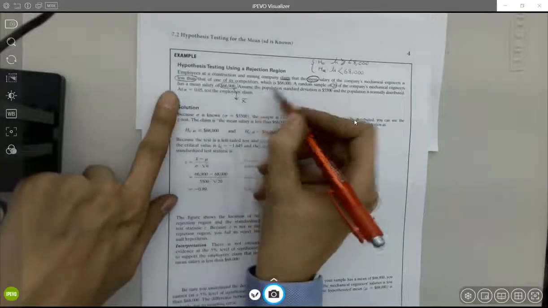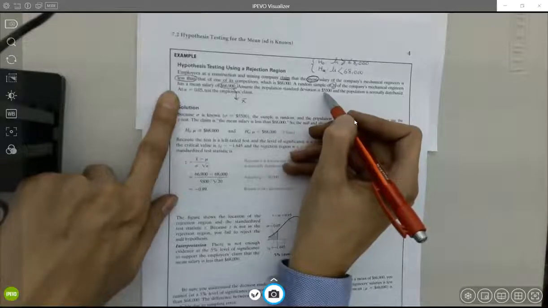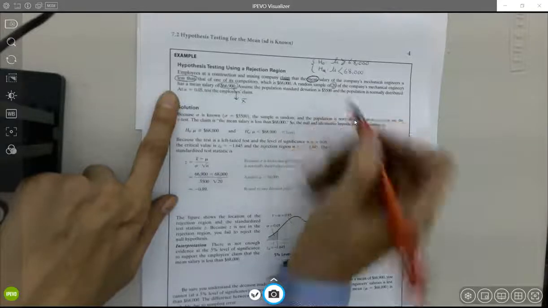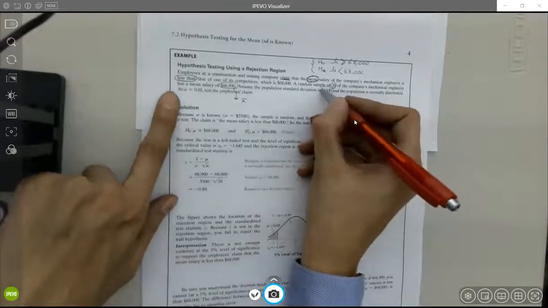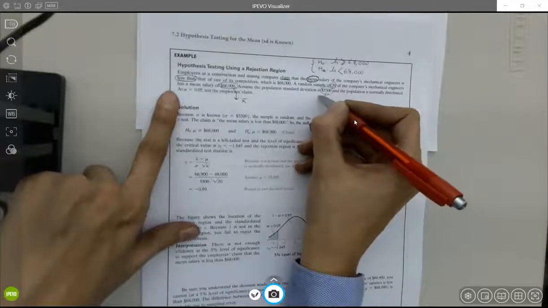Assume the population standard deviation is $5,500. So what is this number? Sigma. Sigma, excellent.